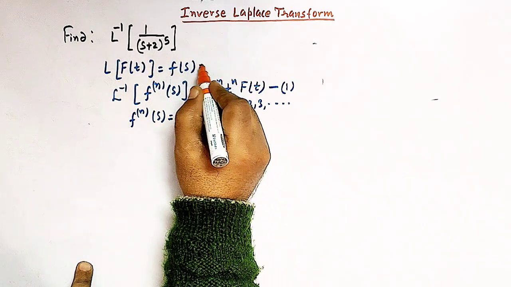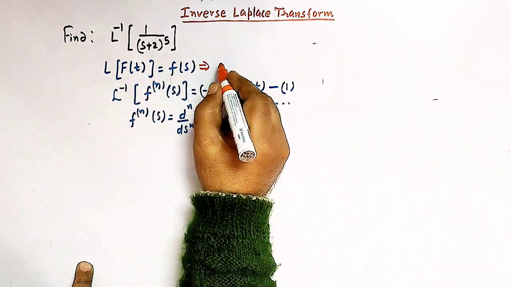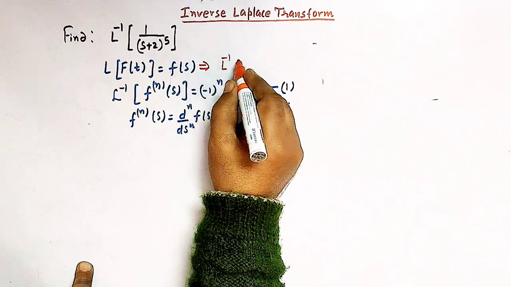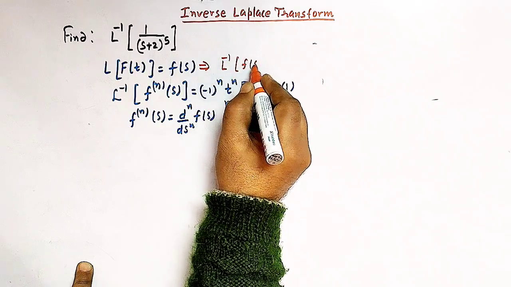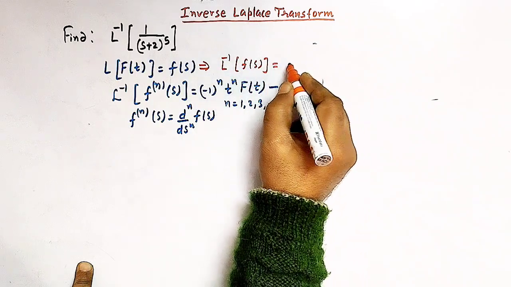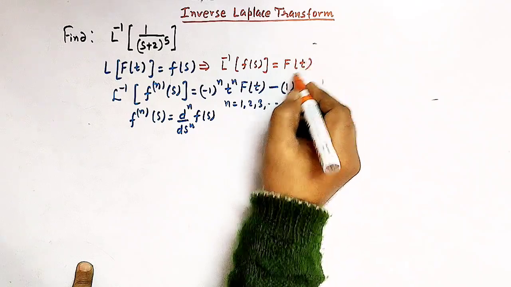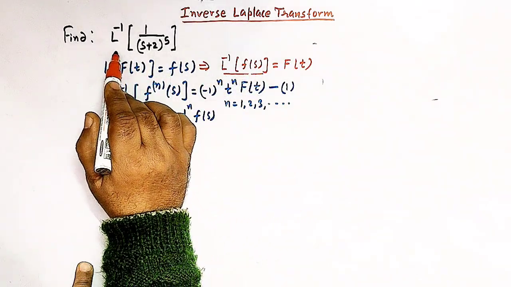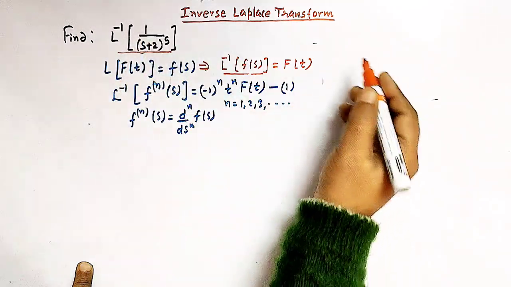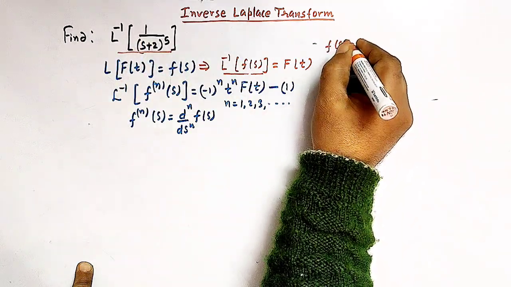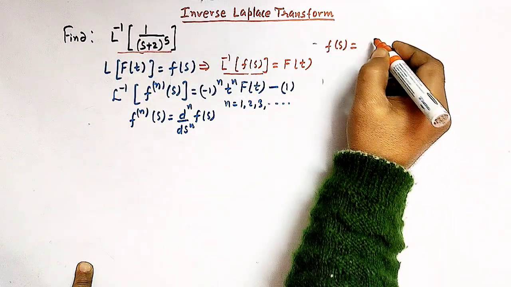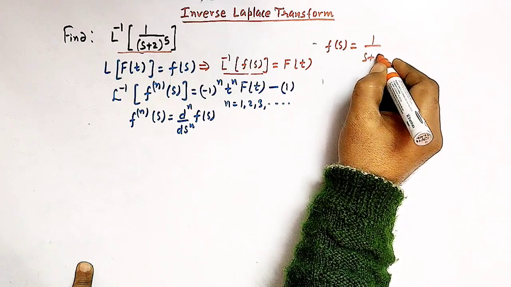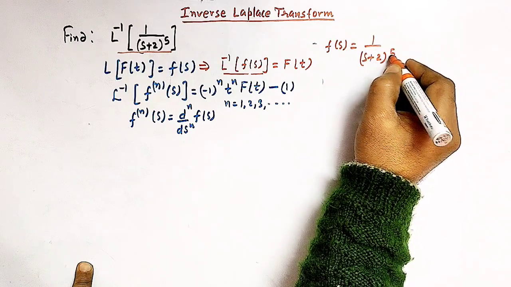So from this expression, let us write the inverse Laplace transform of F(s) is equal to f(t). Now if we compare this expression with this one, here we can write F(s) as this function, 1 over (s plus 2) raised to 5.